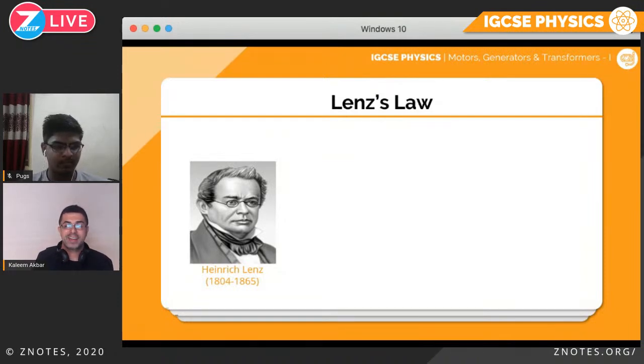Lenz's law. Lenz's law will come up a lot later, in depth, but right now I need you to understand Lenz's law. See, what you're going to learn later, and I'm going to do it now because it's a chicken and egg situation. When you move a wire through a magnet, you get a current in that wire.